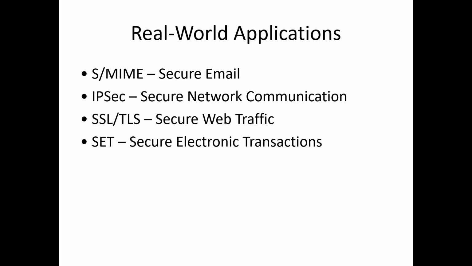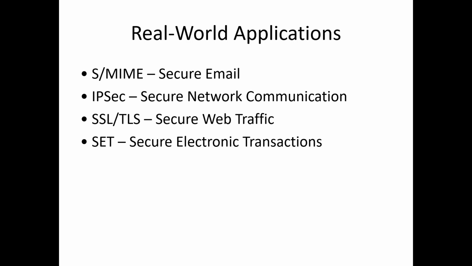And IPsec, secure network communication, secures the IP layer with authentication and encryption. Authentication is one type of security where the security is very tight and there is no involvement of a third party. SSL and TLS secure web traffic, power HTTPS, validate websites and encrypt the browser sessions.